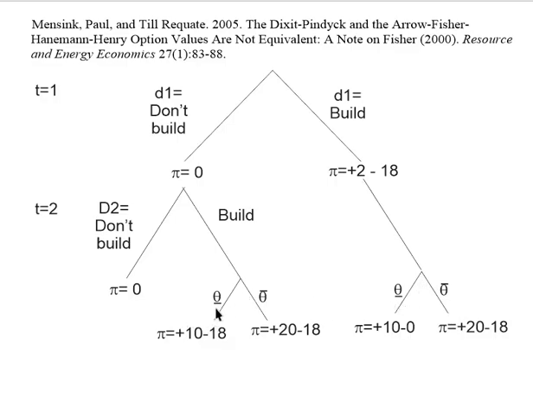So you can either have theta lower bar, in which case the payoffs are low, only 10, or theta upper bar, in which case the payoffs are high, which is 20. We're going to assume that the cost of building the dam is minus 18, whether you do that in the first period or the second period. So let's walk through this example piece by piece.